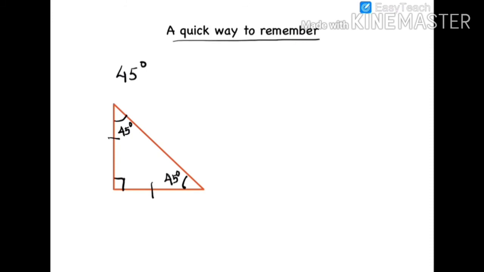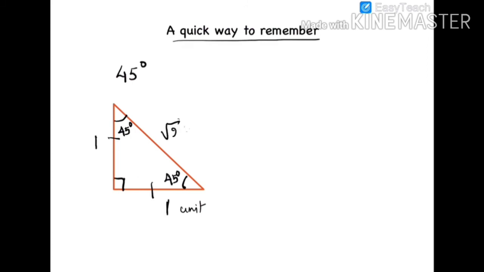To remember the ratios for 45-degree angle, we need to remember a right angle triangle which is isosceles. So each of the acute angles are going to be 45 degrees. The equal sides are to be taken as 1 unit.